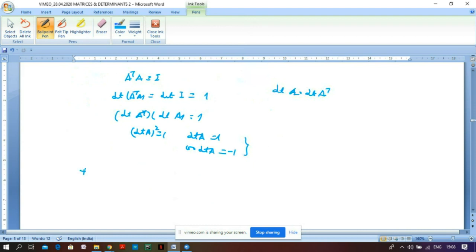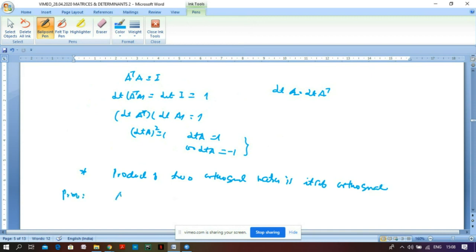Now we can also prove that the product of two orthogonal matrices is itself orthogonal. It is a straightforward proof.